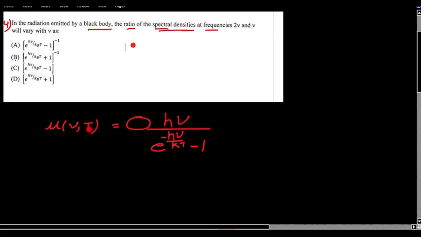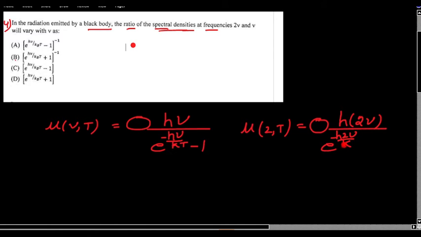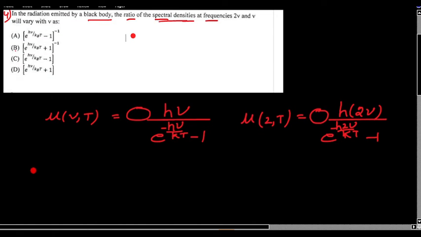Let's suppose I have taken it for the frequency mu, and for the frequency 2 mu it becomes, with the temperature taken as constant since they are not mentioning it, the same constant term and h 2 mu divided by e to the power h 2 mu by kT minus 1. That's it, and we are going to take the ratio.